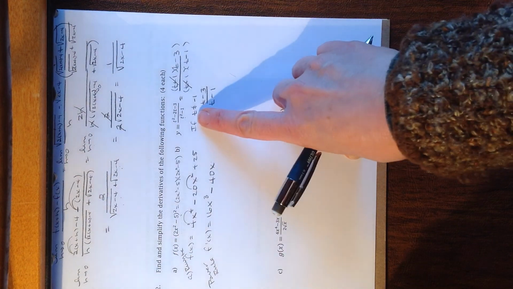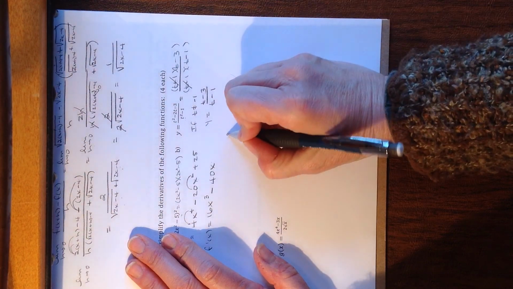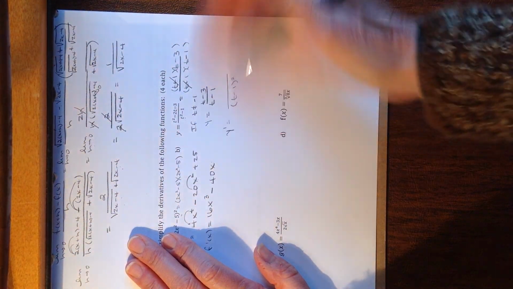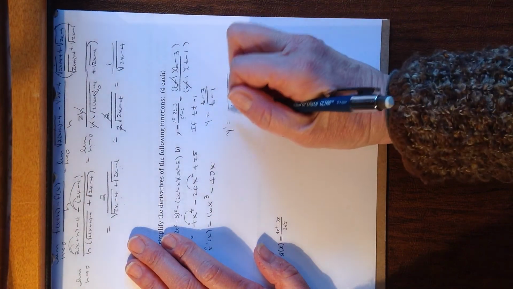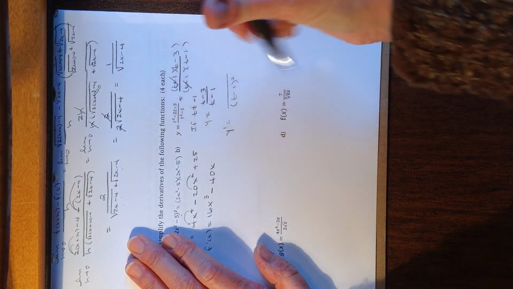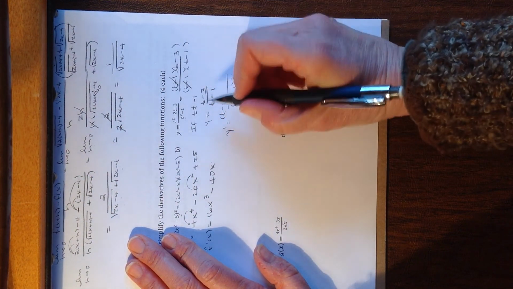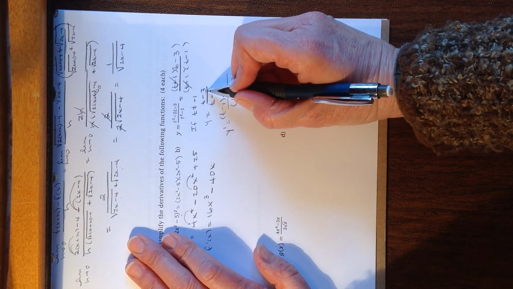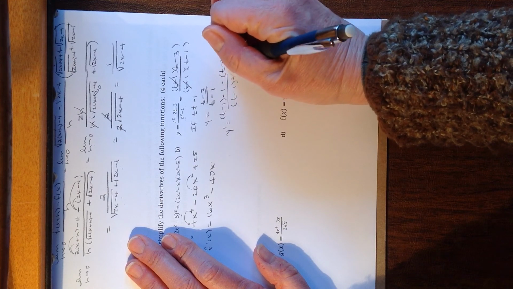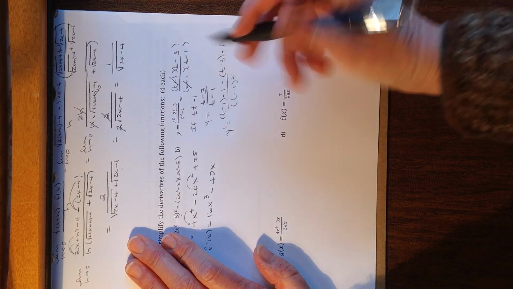So as long as I stay away from the number -1, I'll just do the quotient rule on this and end up with squaring the denominator, starting with that denominator, which is t minus 1, multiplying by the derivative of the numerator, and the derivative of t minus 3 is 1, minus the numerator times the derivative of the denominator, which is also 1.